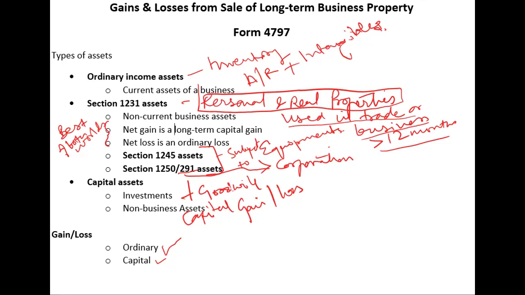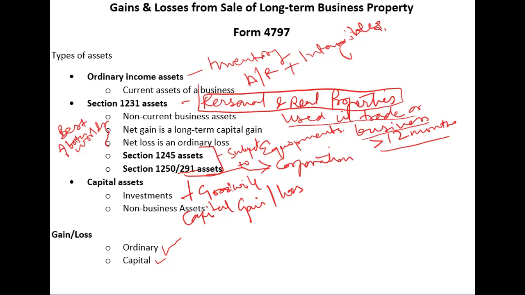Now, gain or loss on section 1231 assets is calculated on sale, exchange, or involuntary conversion, like condemnation or fire. So, we talked about that best of both worlds.